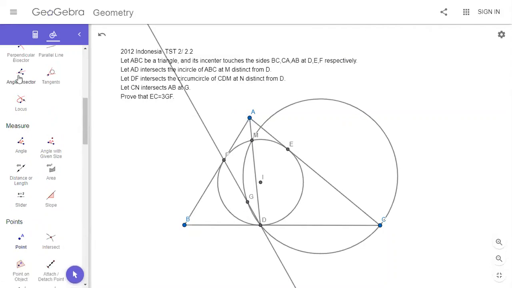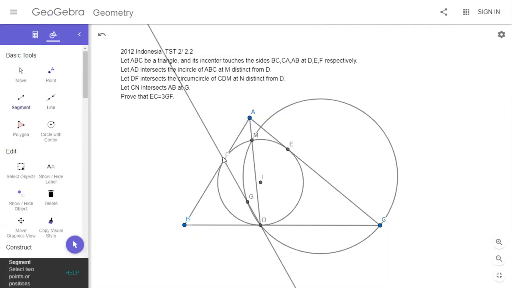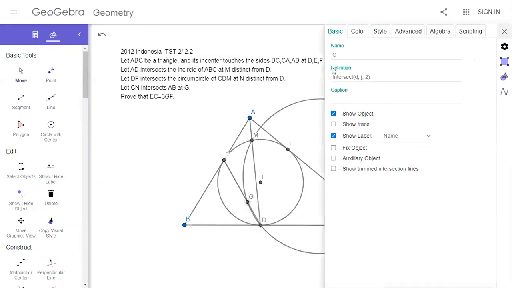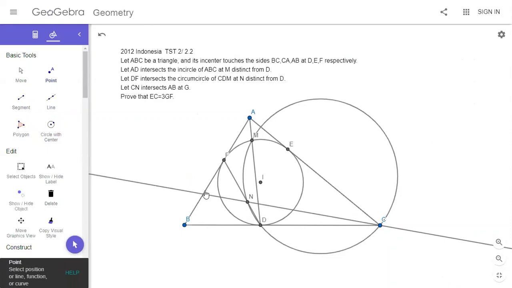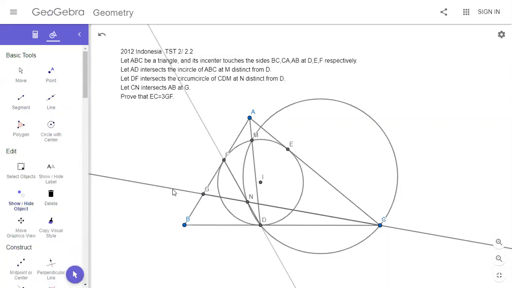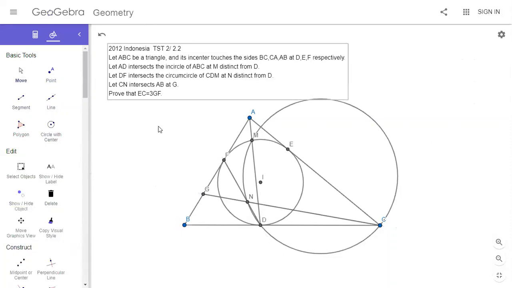Okay, so this is point N. And then CN intersects AB at G. It already did G for me. I like that. We want to show EC is equal to 3GF. So this is interesting. It has like a 3 in it, which isn't that common.